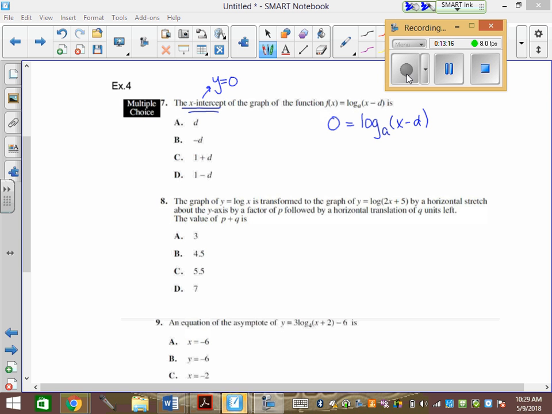Change it to exponential. So we're going to get a to the 0 equals x minus d. And some people freak out. They'll add the d over, and they're like, a to the 0 plus d equals x. And they're like, it's not there. But I did it right. So a to the 0 is 1, so it's 1 plus d.